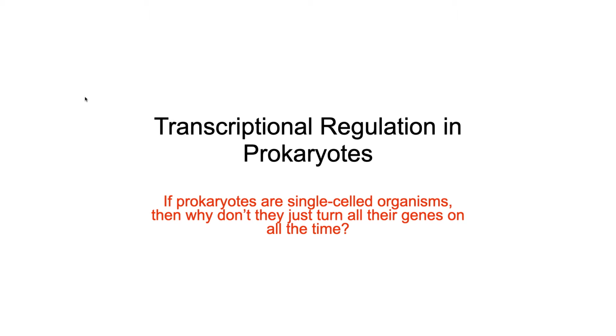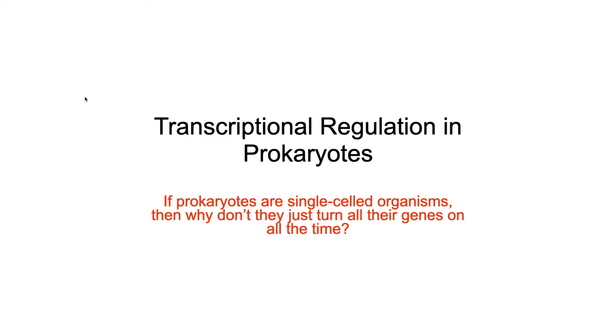Why doesn't this single-celled organism make all of its genes or turn on all of its genes all of the time? Well, the answer is that even though all of these genes are necessary for the survival of these cells, it doesn't necessarily mean that all of the genes are necessary all of the time.